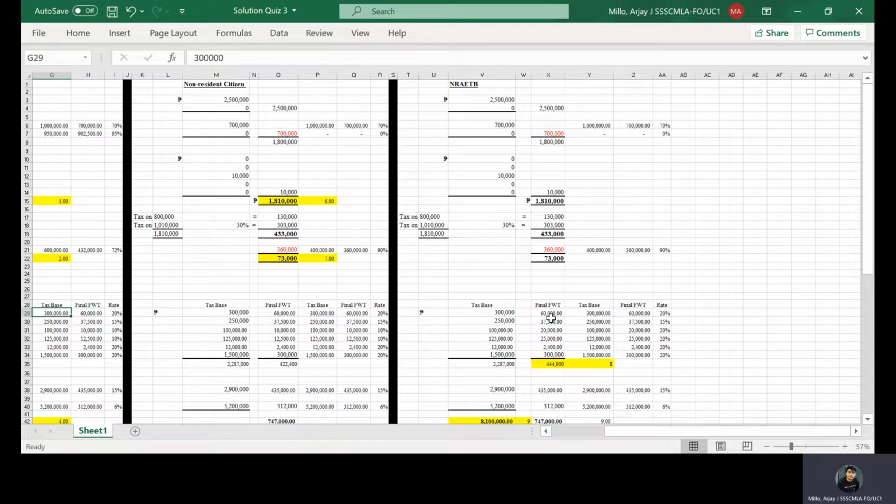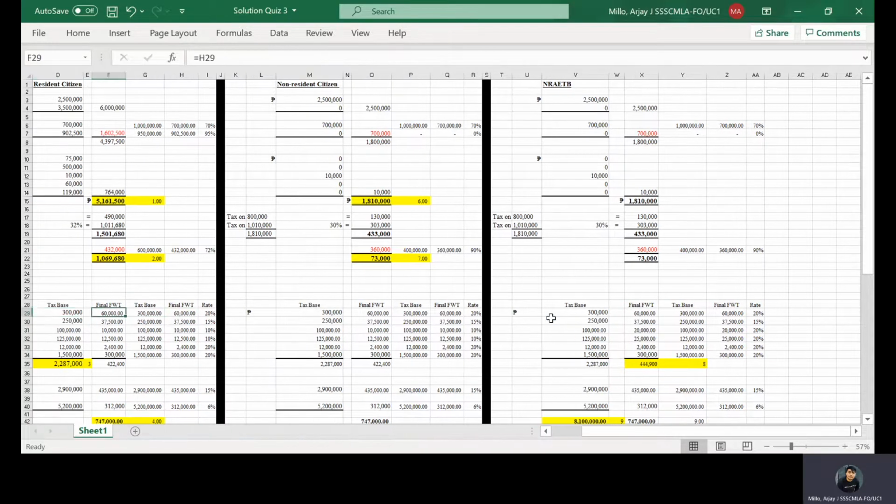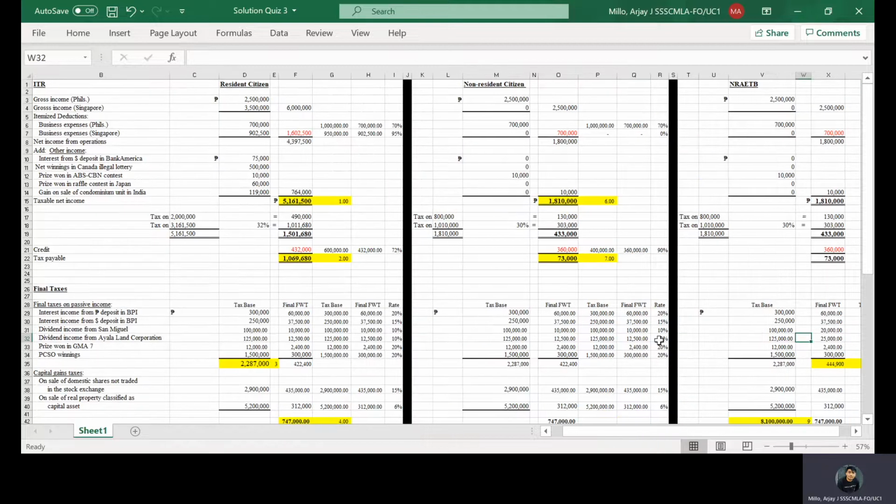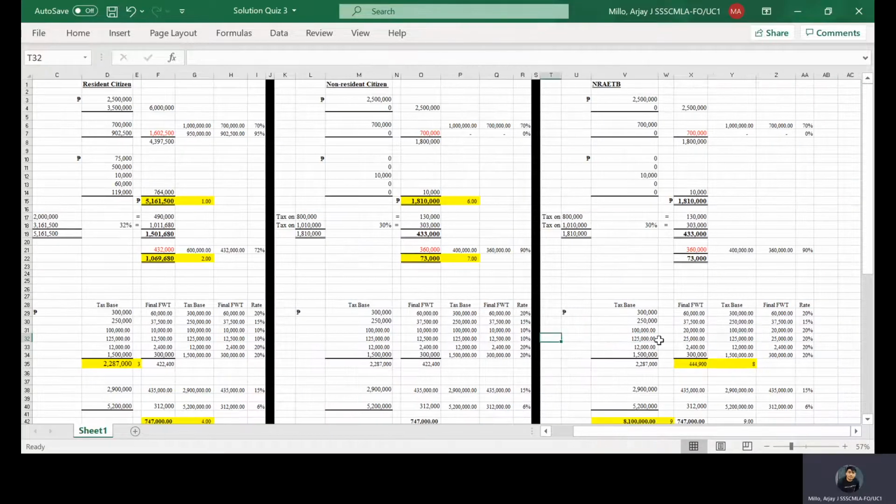The only difference between resident citizen and non-resident citizen is the rate for dividend income from domestic corporation, that is, dividend income from San Miguel and Ayala. From 10% it becomes 20%. That's the only change compared to the resident citizen and non-resident citizen.